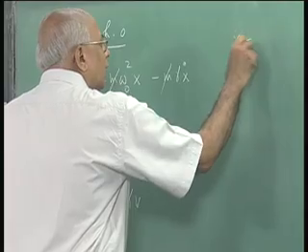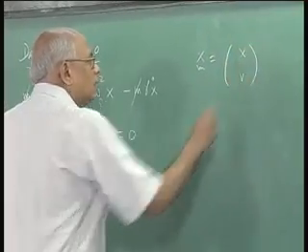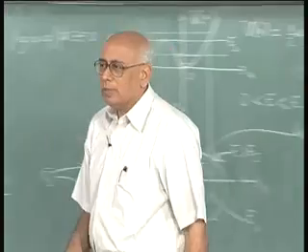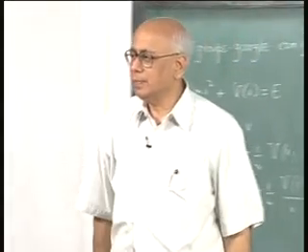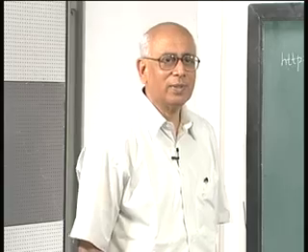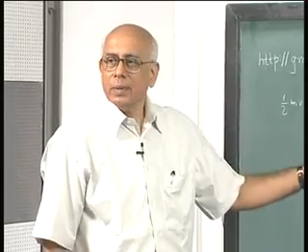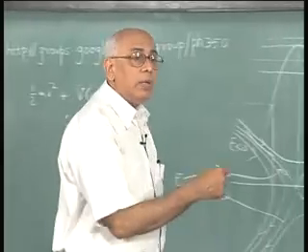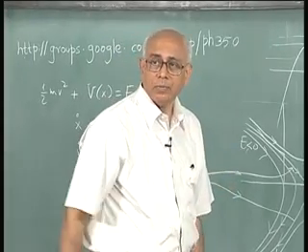I would like to write x as (x, v). Let me just define a vector, a 2-dimensional object with components x and v. They have different physical dimensions, but I will be careful, and I will call it underscore x. That is not a coordinate, that is a point in phase space in x, v.